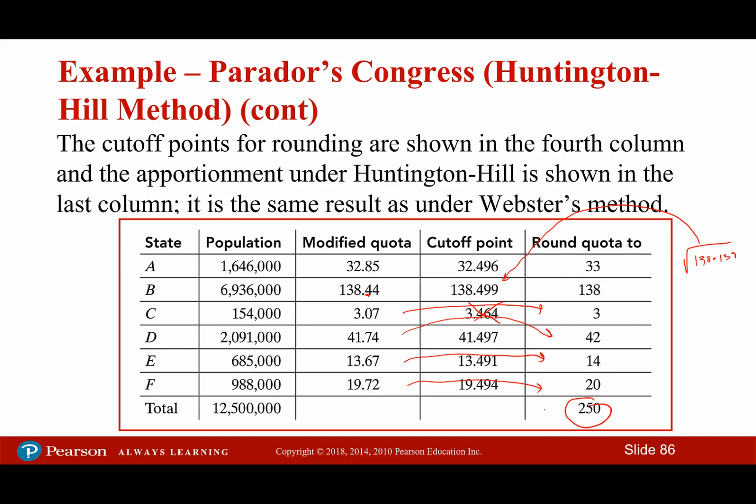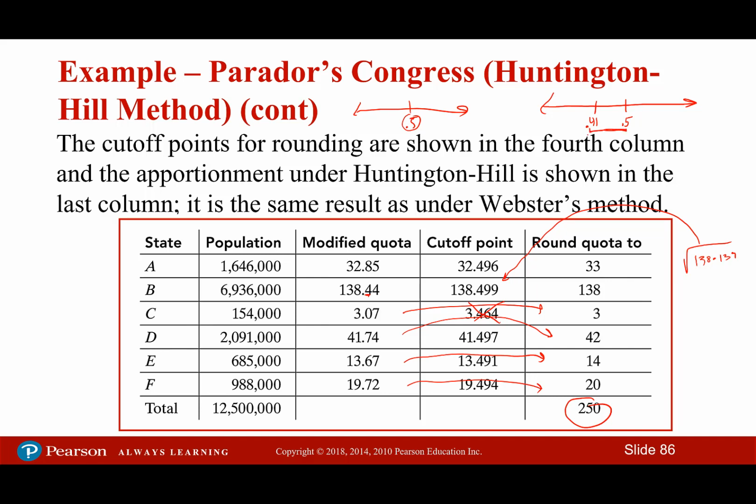If I was going to do a number line, normally we look at 0.5 as the cutoff value all the time for numbers. It's called conventional rounding, integer rounding. With the Huntington method, it's kind of like this. If the numbers are from 0.41 to 0.49, or you can say 0.5, it's this little spread right here.